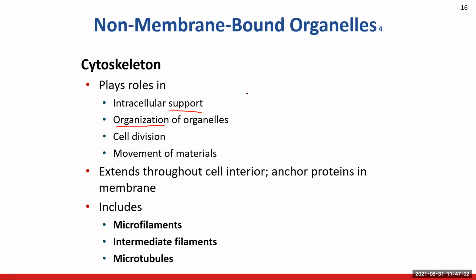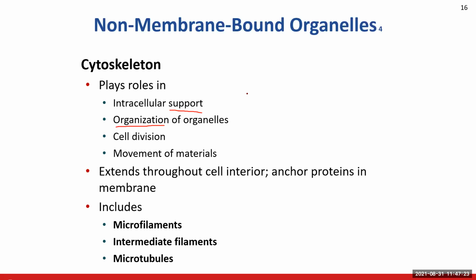When it's time for the cell to divide, we talked about how the centrosomes will create the mitotic spindle, and that mitotic spindle plays a role in the division of the cell.